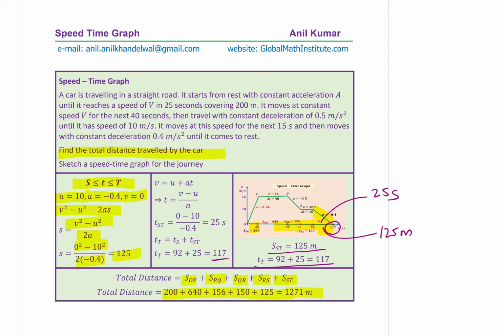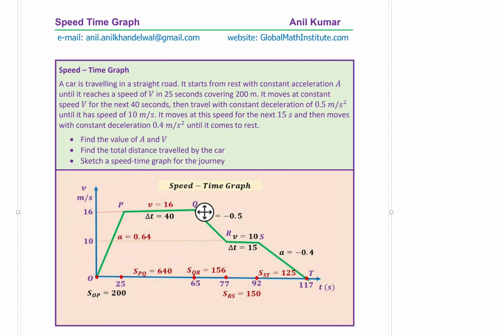Now, let us sketch the speed time graph. Whenever you want to sketch the speed time graph, remember you have to mention two things very clearly. One is the time at each interval, correct? And the second is the speed, in this case, the velocity. Well, velocity and speed I'm using since they are in the same direction, right? So the car moves in one direction only.